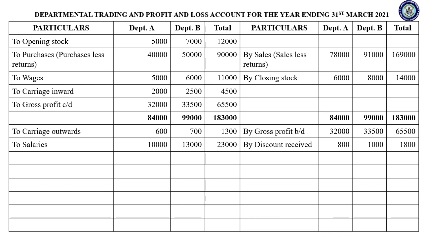So general salary on the basis of sales, rent, rates and tax equally, discount allowed on the basis of sales, sundry expenses on the basis of sales.